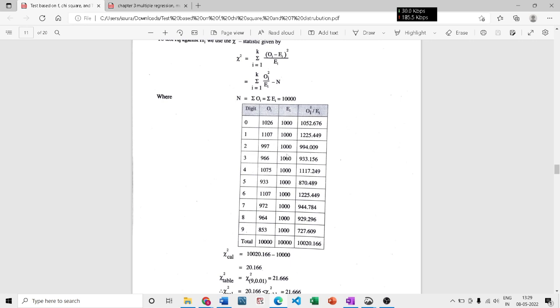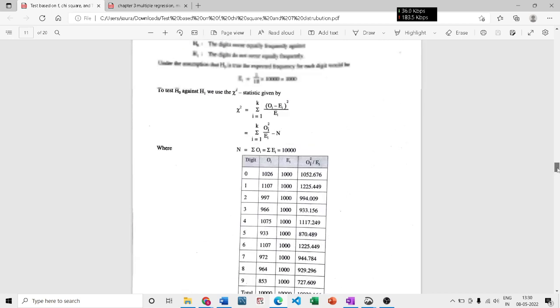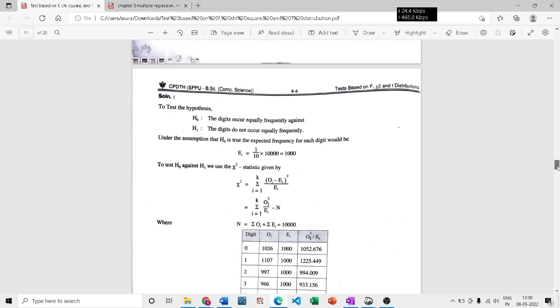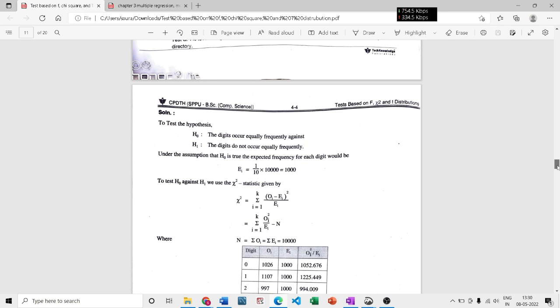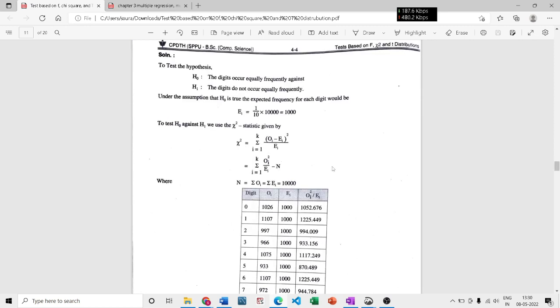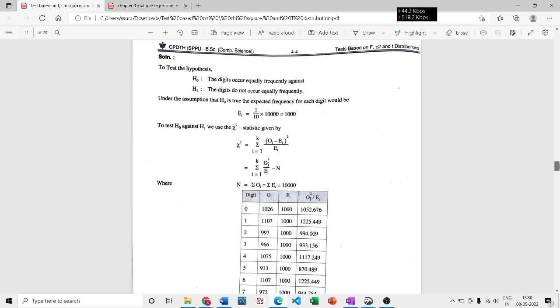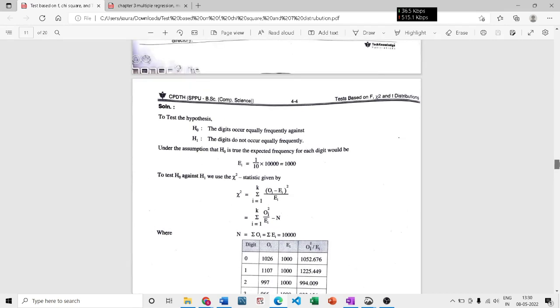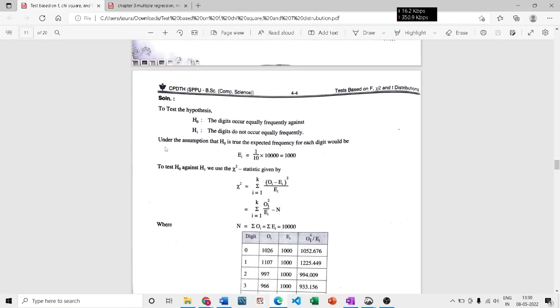How to find the expected frequencies now? We just divide the total number of frequencies, 10,000, among the digits. Here the expected frequency is the same for all, because we are assuming equal true frequency for each digit.